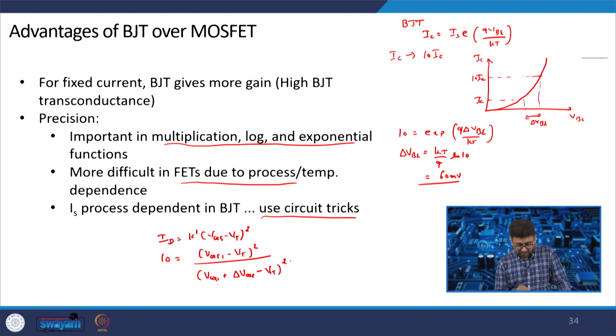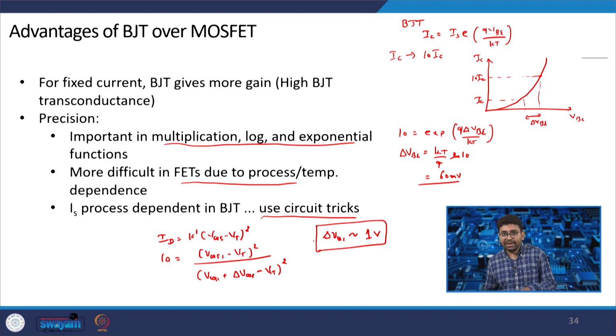If you try to find delta VGS out of this equation, it will come around 1 volt. So, you see the amount of voltage required to get 10 times the current is higher in the MOSFET compared to the BJT. So, here there is an advantage: for a fixed current, BJT gives more gain compared to the MOSFET, and we will discuss more about active components, and we will summarize in the next class. Thank you.